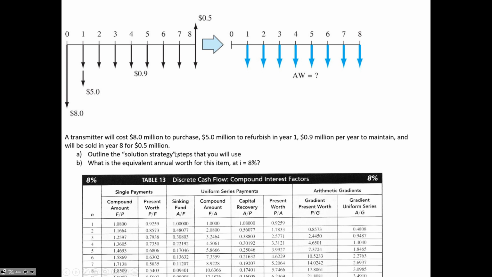Think of it as like quasi-code. First, you're going to maybe take the future value and annualize it. So there is a lump sum right now in year 8.